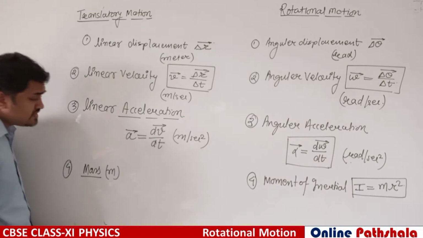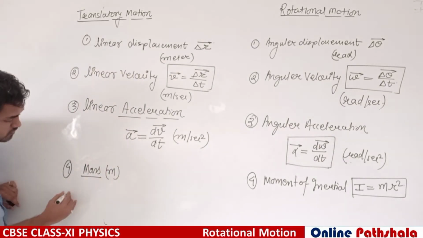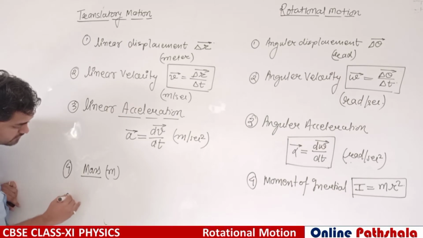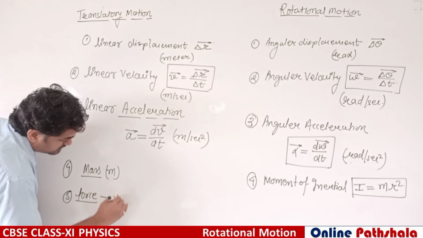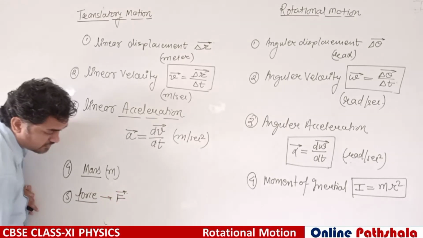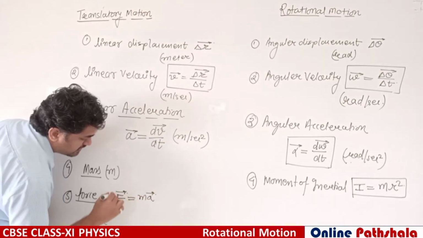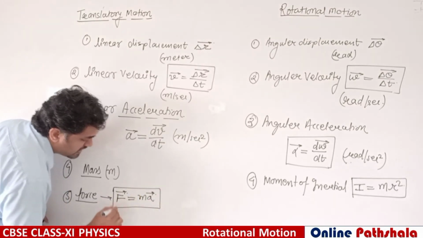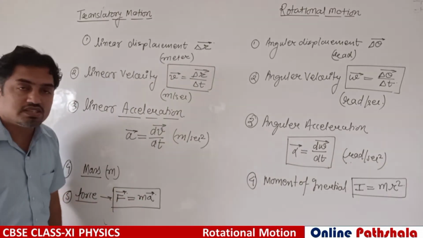Now, as we are using mass, we are using moment of inertia. If we talk about force, the fifth concept is force. It is F vector, and in translatory motion this F vector is equal to mass into acceleration. You know very well, if the mass of a system is constant, force is equal to mass into acceleration.